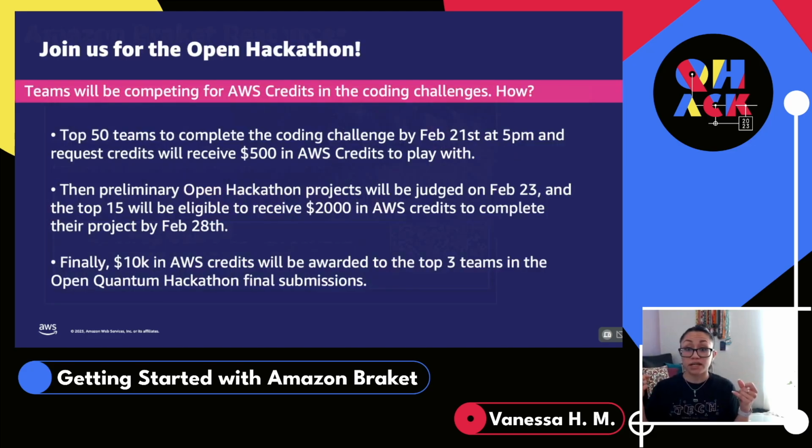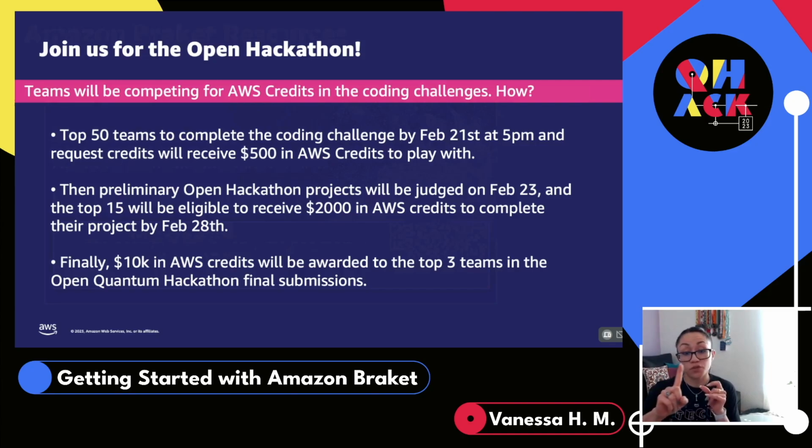And for the Open Hackathon, there are big prizes. As you know, there will be phases. For the first one, which is the coding challenge that will be delivered by February 21st at 5 p.m., the top 50 teams that complete the coding challenge will receive $500 in AWS credits, okay?